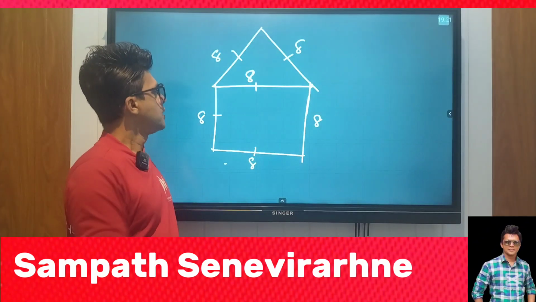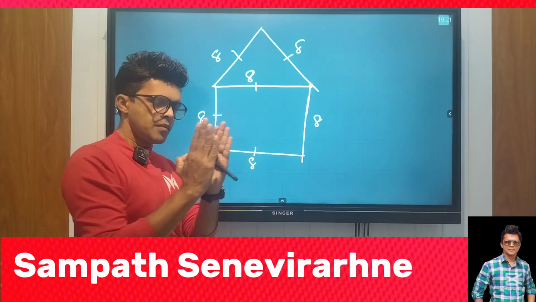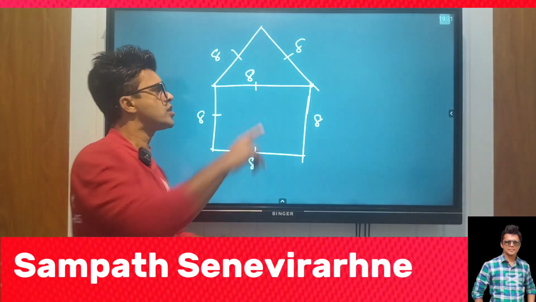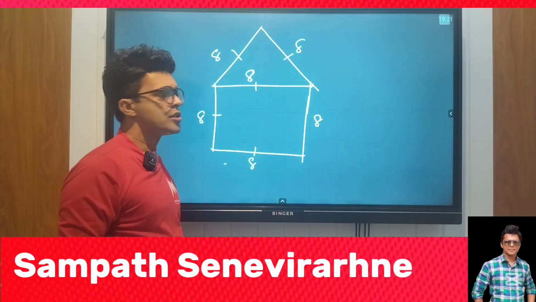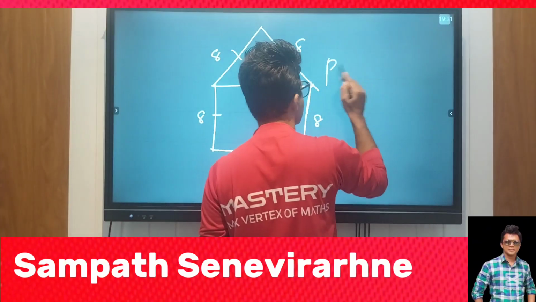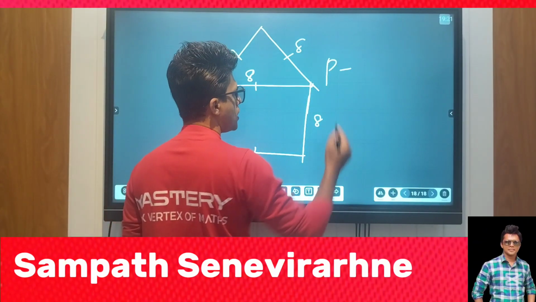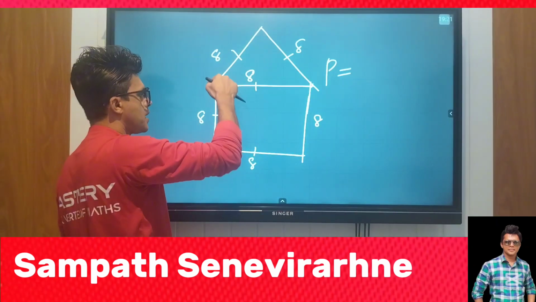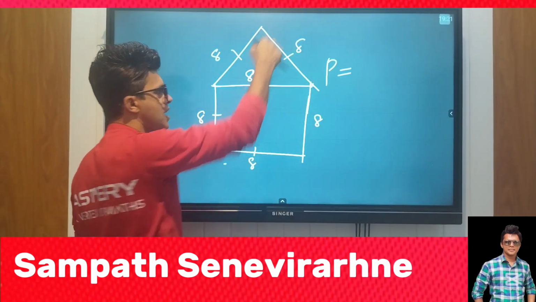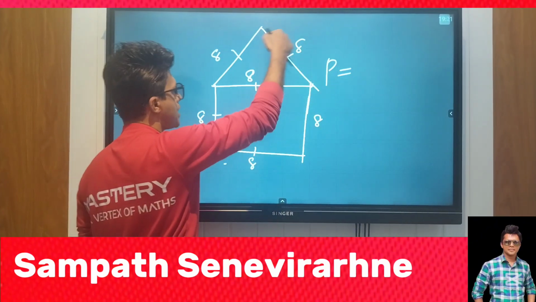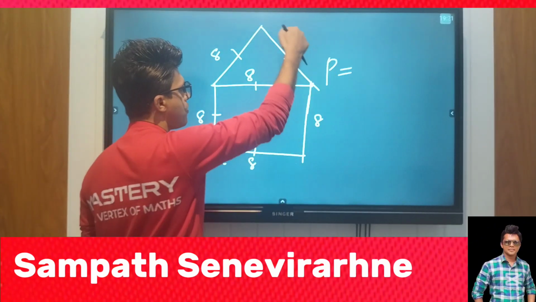So, here is a square. The length of this square is equal to the length of this equilateral triangle. So perimeter equals 8 plus 8 plus 8 plus 8 plus 8. 1, 2, 3, 4, 5.